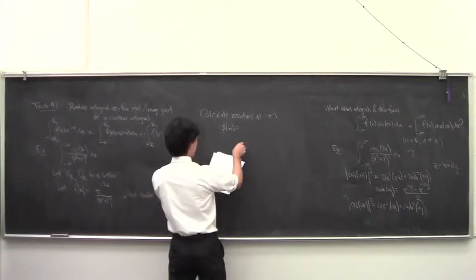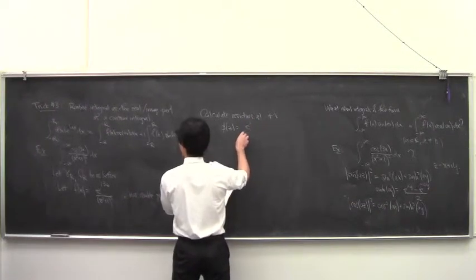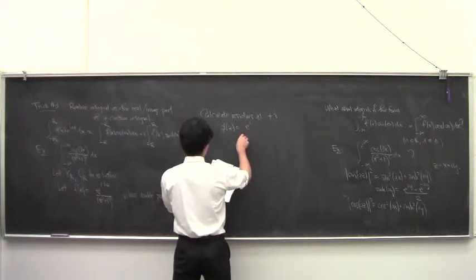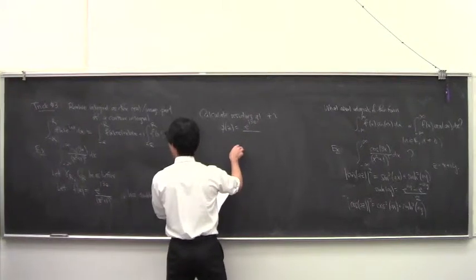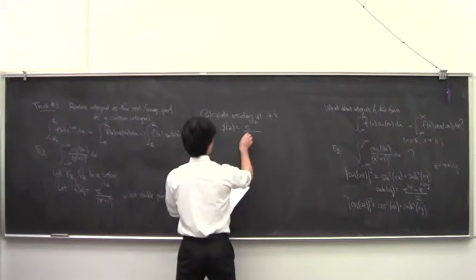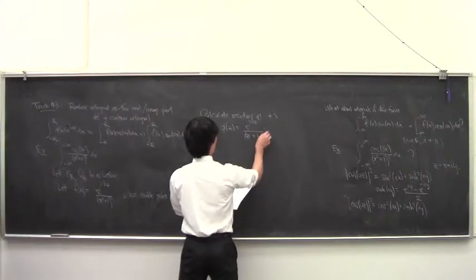Your phi is going to be e to the i 3z over z plus i, quantity squared.